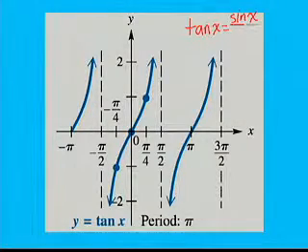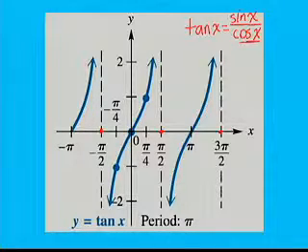And this is important for many reasons, but there are two in particular that I want to discuss right now. When cosine x is equal to 0, that means the tangent will be undefined, and hence we would get vertical asymptotes. And that occurs at negative pi over 2, pi over 2, and 3 pi over 2.